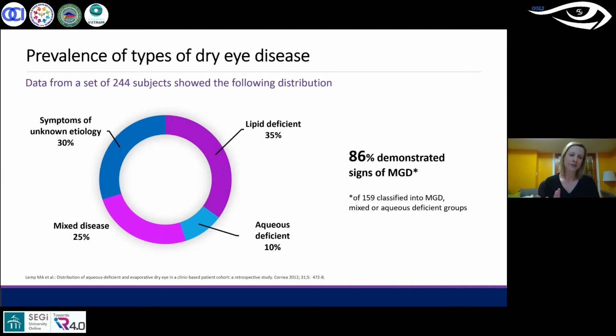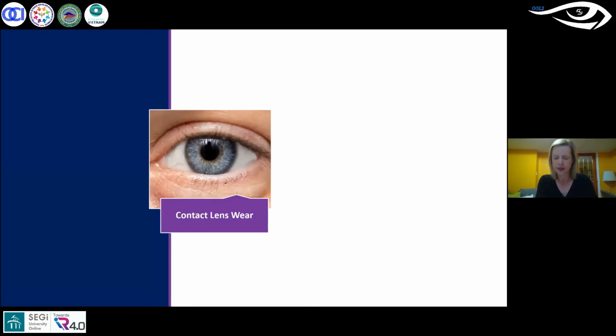And as I say, I have been told by a global-based researcher that they've redone a similar study more recently and found a very similar proportion of MGD in dry eye disease. So when you're seeing someone with dry eye disease, what's your takeaway point here? They are more likely than not to have some kind of changes with their Meibomian glands. I think that's the clear, simple takeaway point.